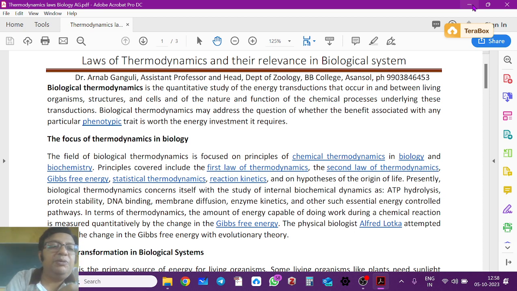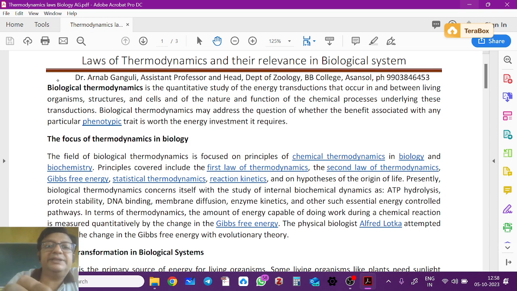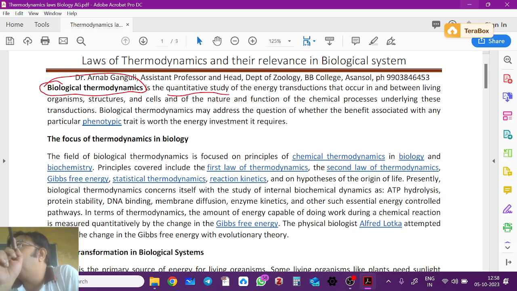So, biological thermodynamics. It is the quantitative study, so there are some numbers involved. You do it quantitatively: how much energy is gained and how much energy is lost, of energy transduction. Transduction means movement from one place to another place.